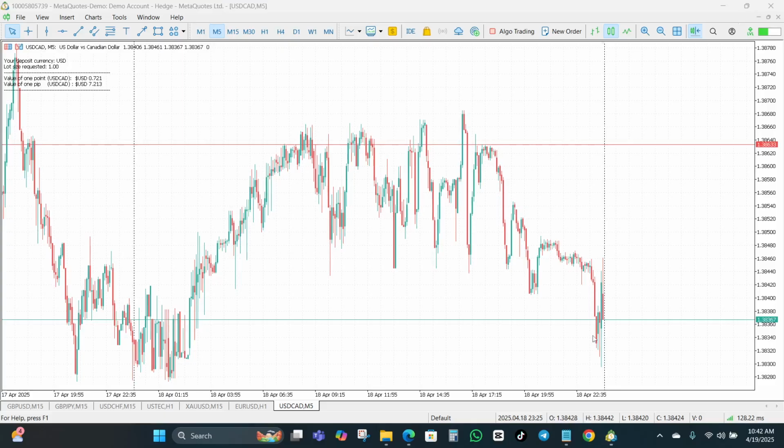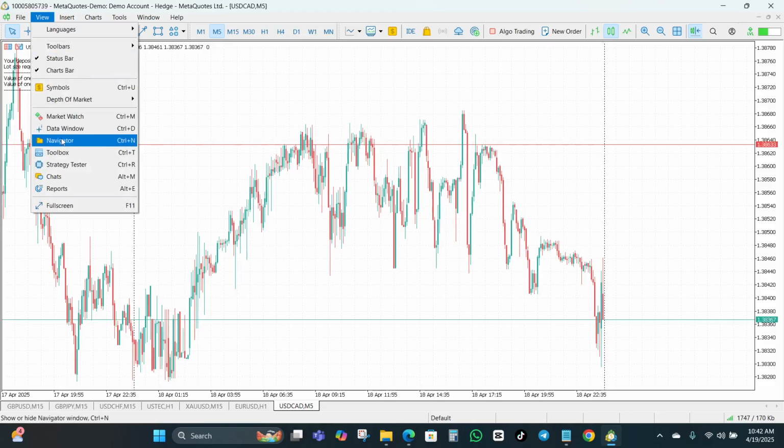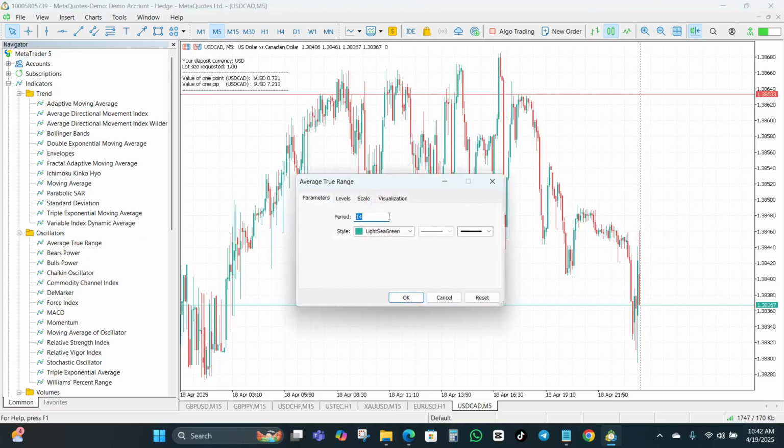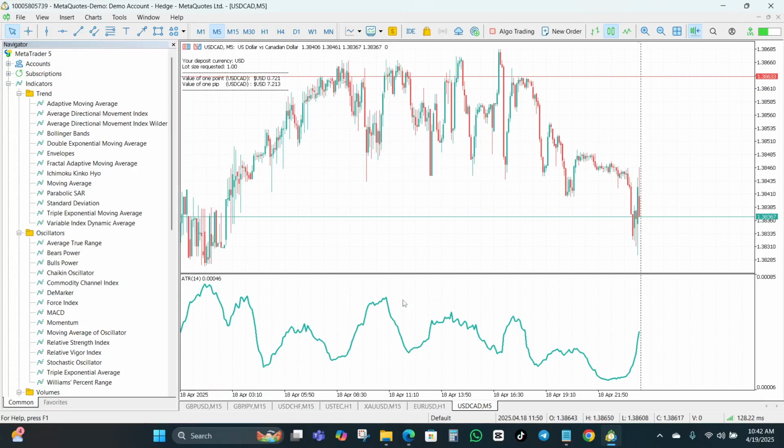Okay, now we're going to start with, let me just view my navigator. So we're going to be starting with the average true range. It's a popular oscillator. The average true range is all about volatility.